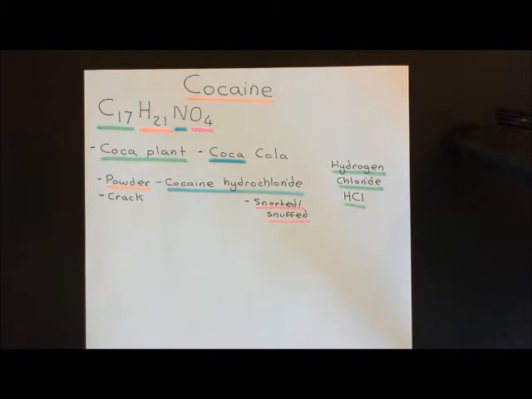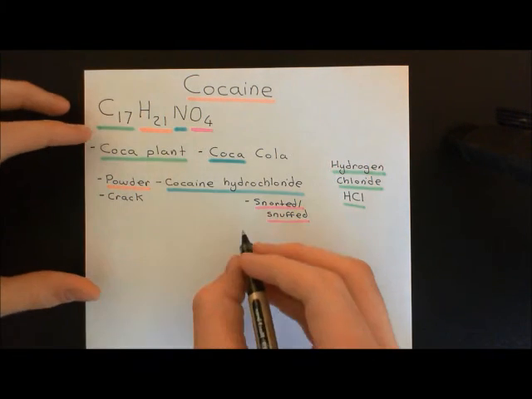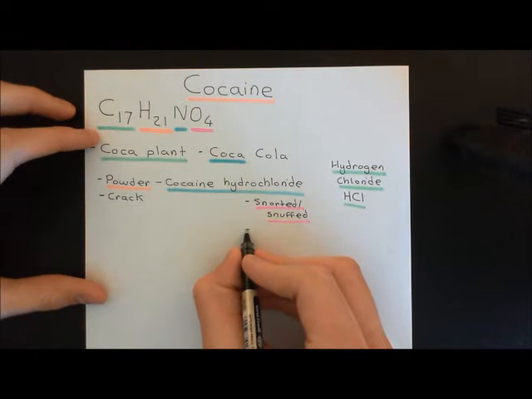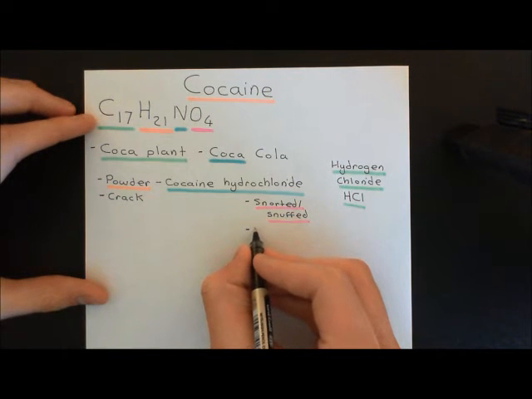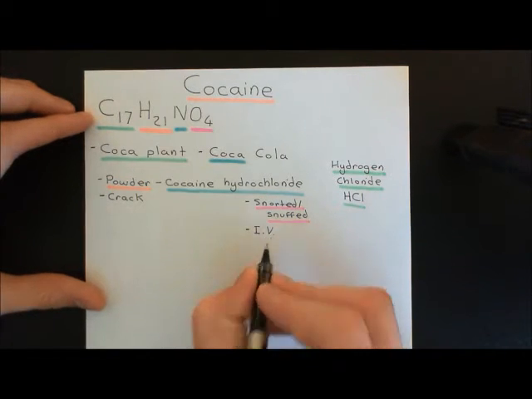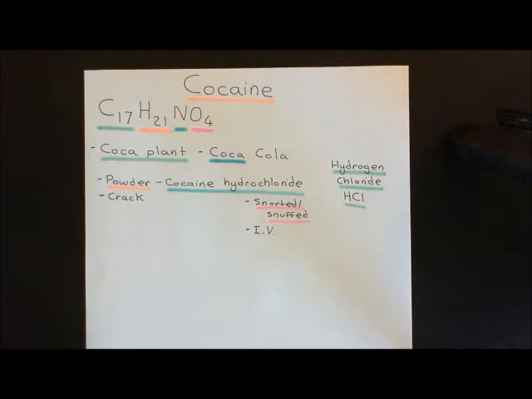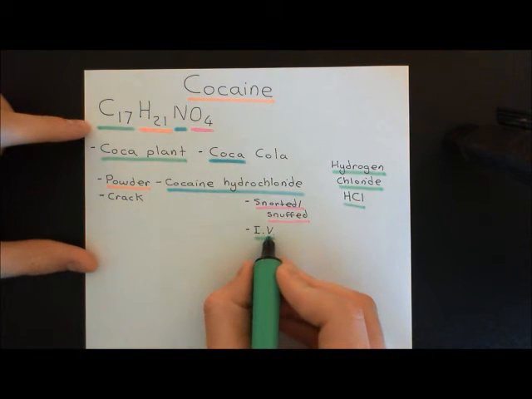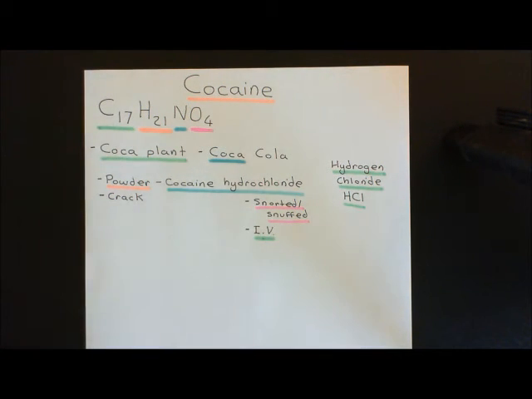Another route of administration for cocaine hydrochloride is that it can be dissolved in water and then injected into the bloodstream, so it can be injected intravenously, IV. Cocaine hydrochloride dissolves very readily in water and then can just be injected into the bloodstream, and that will of course get it into your bloodstream. Now, importantly, remember, cocaine hydrochloride very easily breaks down back into cocaine and hydrogen chloride.